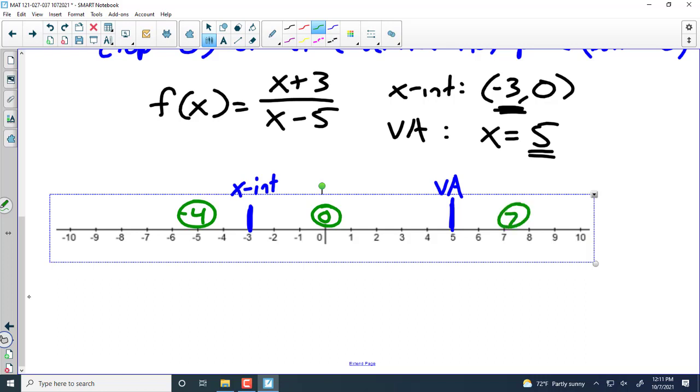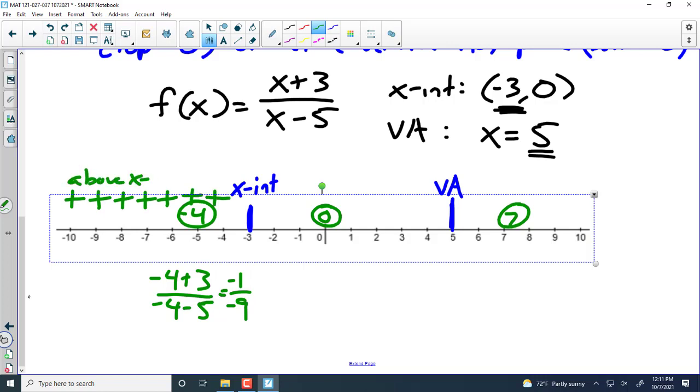Good job. Okay, now look at this, everyone. -4 plus 3 over -4 minus 5 is -1 over -9. Is that positive or negative? That's positive. That means for this part right here, we are above the x-axis.